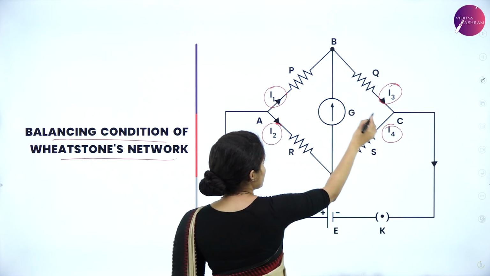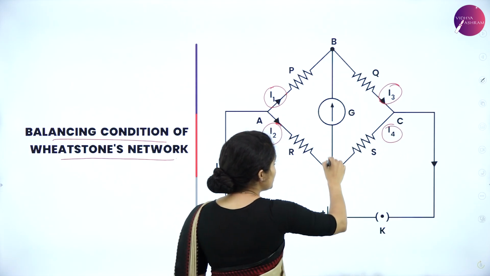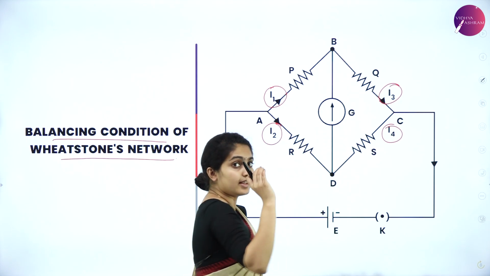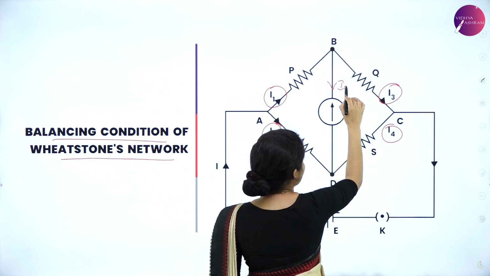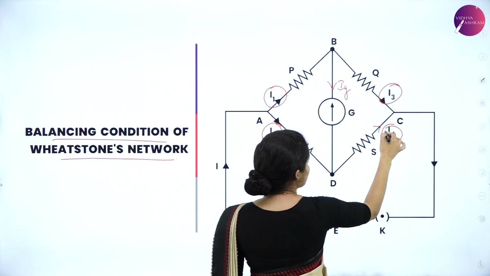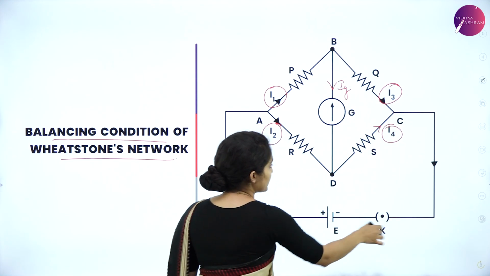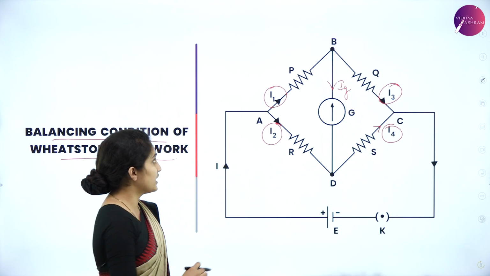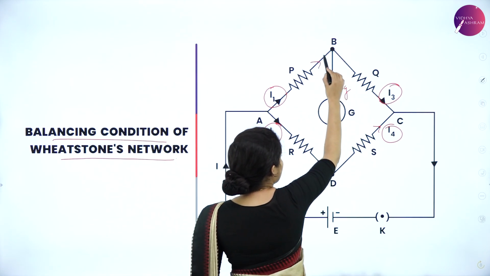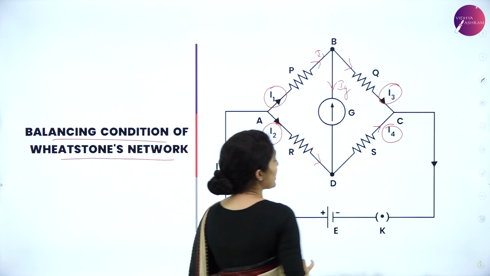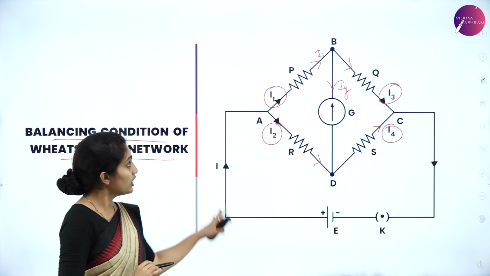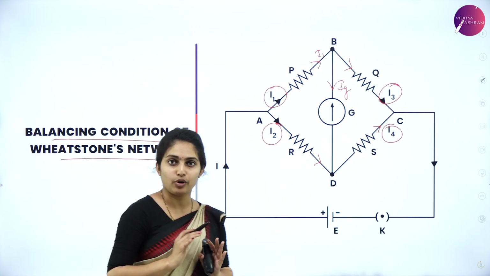The directions are given here and we have a galvanometer G here. That means there is a current which passes through G also, and you can call it IG, and the other current passes through I4 and moves in this manner. We have the directions of I1, I2, I3 and I4 mentioned over here, so keep this in mind first.